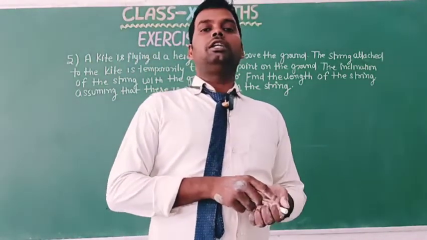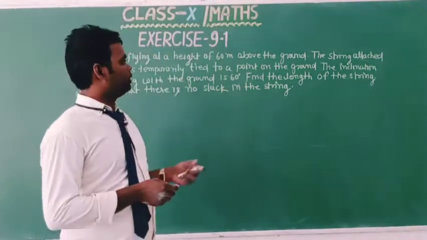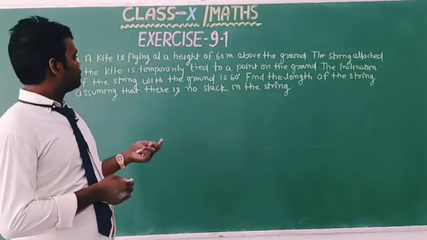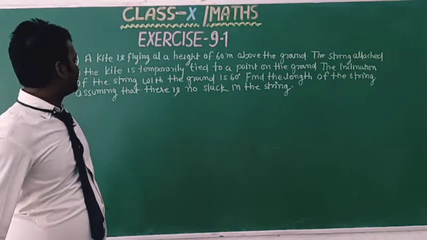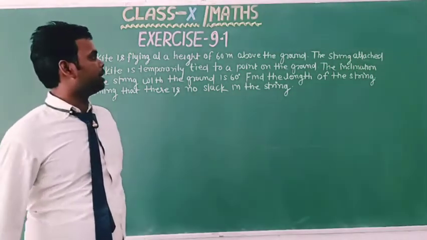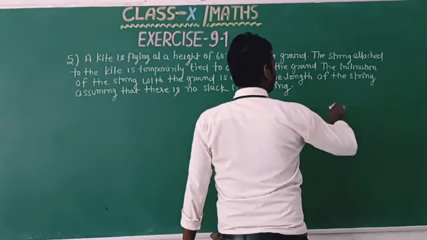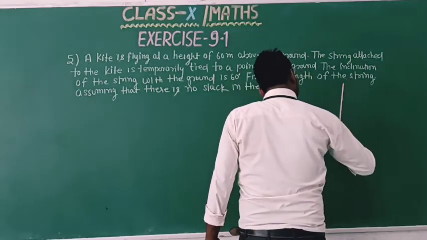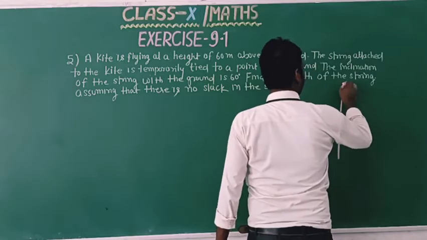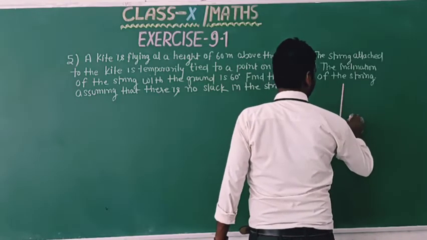Okay, so children, first I will draw its figure. So given here is a kite flying at a height 60 meter above the ground. This is 60 meter.